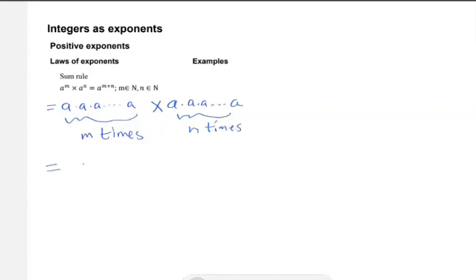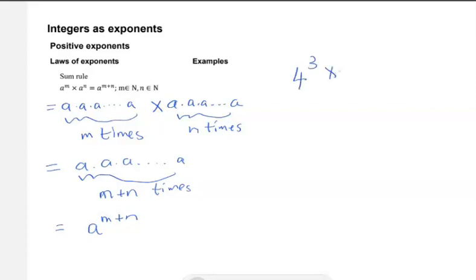But surely we can write that as a times a times a, and now we have m plus n times the number a multiplied by itself. So that gives us a to the m plus n. So let us look at an example. Suppose we have 4 to the power of 3 times 4 to the power of 2.